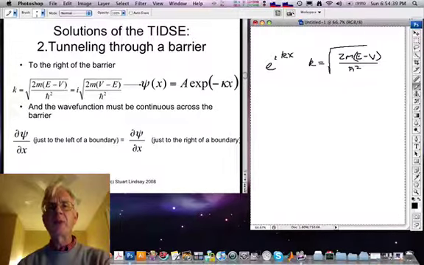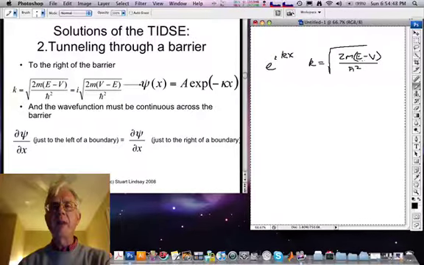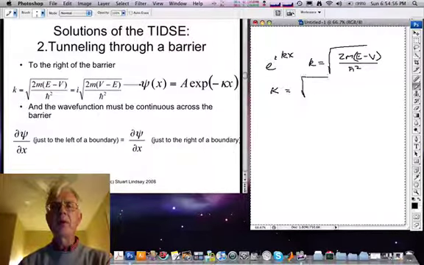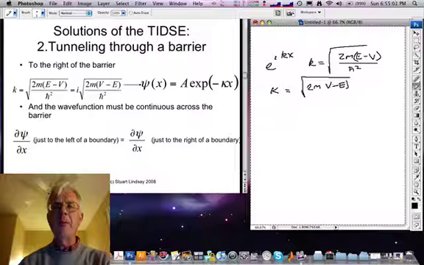If we do use the same function, notice that this term E minus V on the right of the barrier is negative, because V is greater than E. So if we take the minus sign outside the square root and define kappa to be the square root of 2m(V minus E), which is now a positive number, we have a wave function identical to the wave function on the left of the barrier, but one we can write out, i times i being minus 1, as e to the minus kappa x.